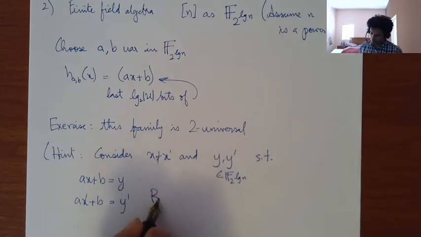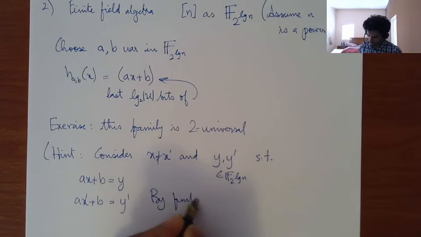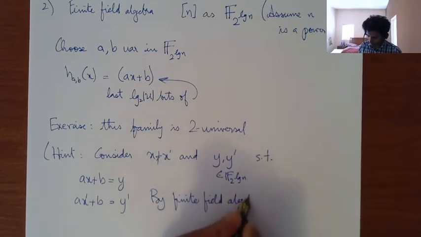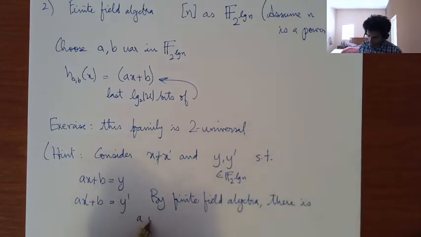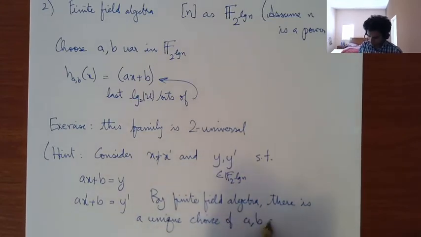And so by finite field algebra, there is a unique choice of a and b satisfying these equations.